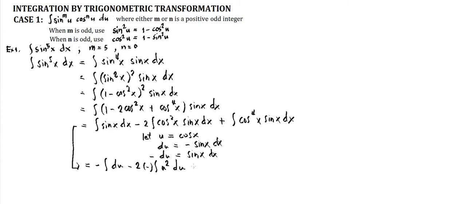And then, plus. And then, meron tayong integral of cosine of x. Yung cosine of x equals sa u. Tapos, naka-raise siya sa 4. Tapos, sine x dx. So, yung sine x dx will be equals sa negative du.